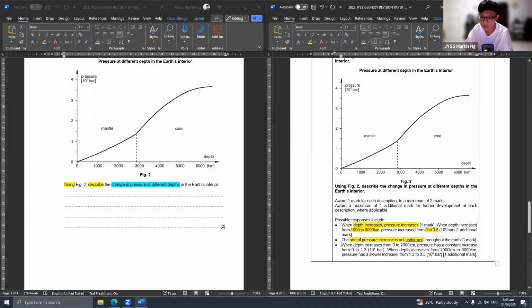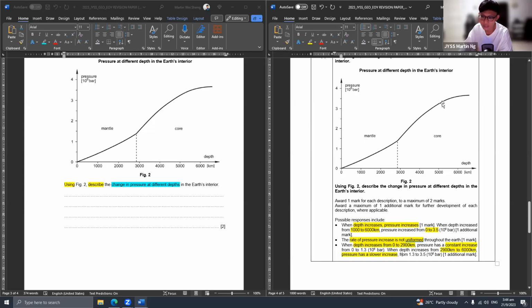All right, so when the depth increased from 0 to 2009, pressure had a constant increase. However, when the depth increases from 2009 to 6,000 kilometers, the pressure has a slower increase.